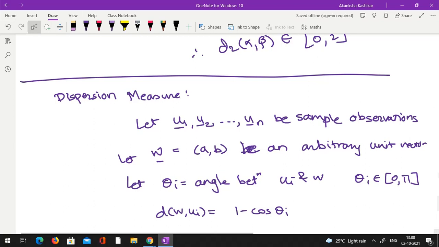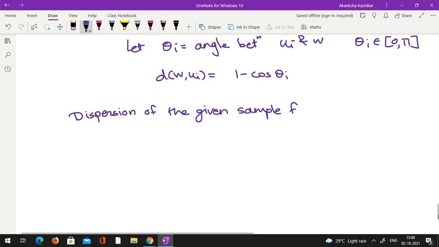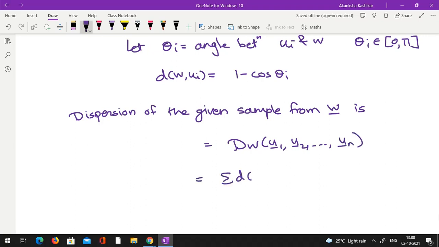And we now define dispersion around W. So the dispersion of the given sample from W is denoted as d_W(u1, u2, ..., un), and this would be the sum over all the individual distances of ui from W, i going from 1 to n.